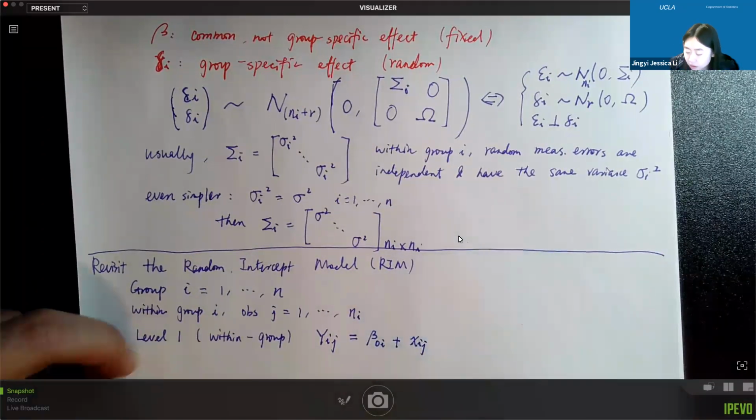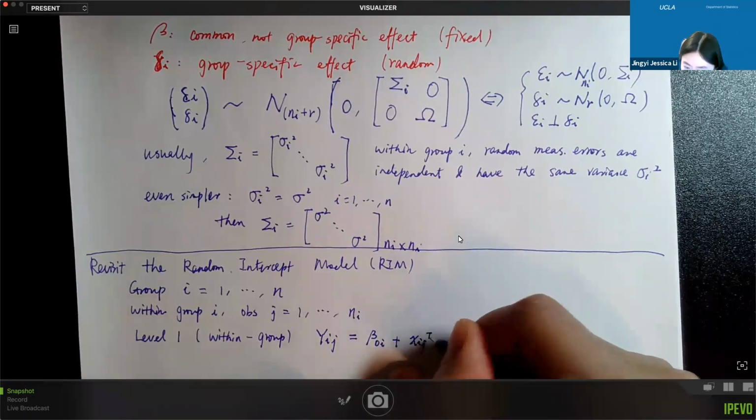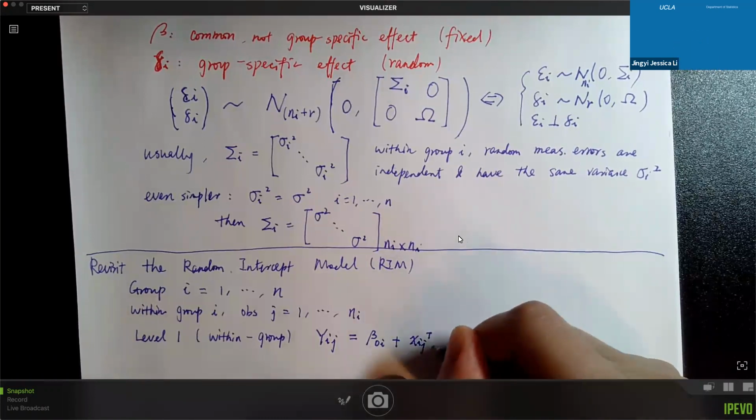Although in that example, all the Xij equal just Xi because all the students in the same school share the same predictor, in general we should write this as Xij. That is, the jth observation in the ith group has its predictor Xij. Maybe I make it a little explicit: Xij transpose, as a vector, times beta.